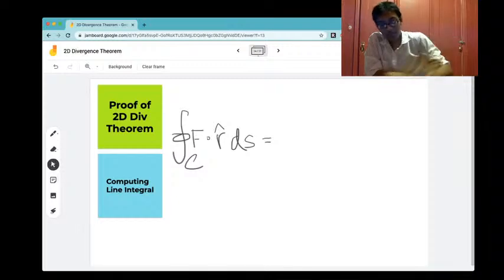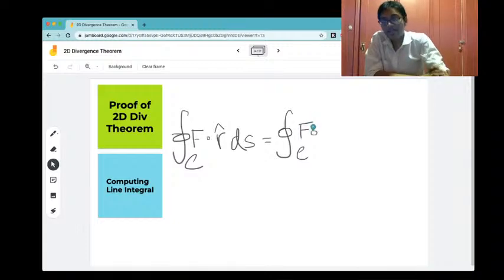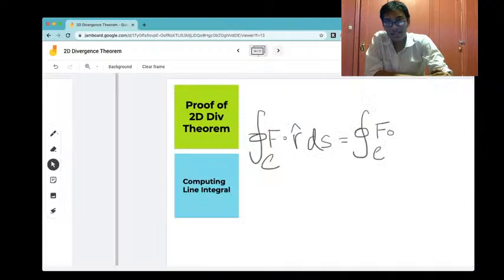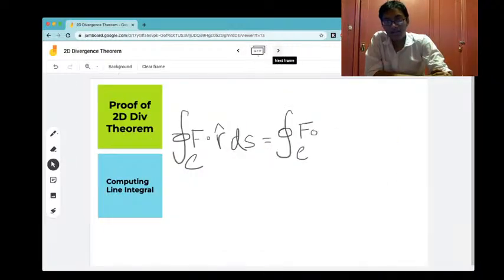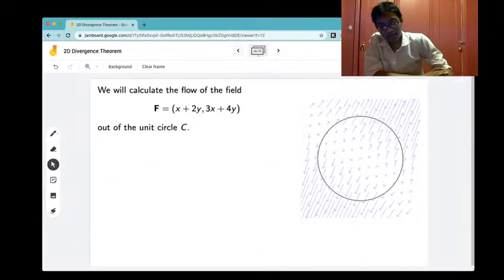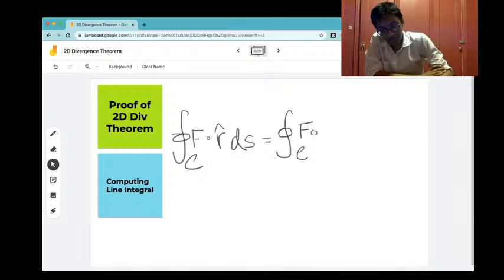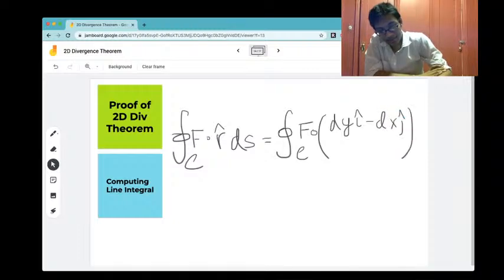What we're going to have is the integral over the closed curve of f dot, and instead of r hat, I'm just going to substitute dy i hat minus dx j hat all over ds, and of course all this is going to be multiplied by ds, and my ds are going to cancel out.